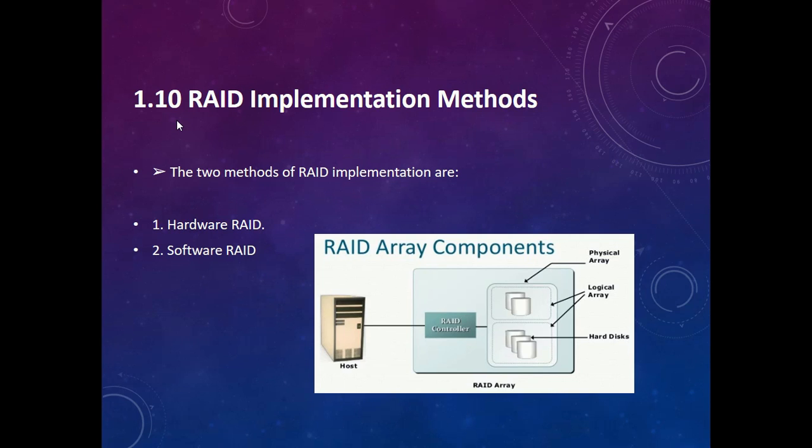Those are the two possibilities in the case of hardware RAID. The other one is software RAID. Software RAID uses host-based software to provide RAID functionalities, which means the software that provides the RAID functionalities is on the host. Those are the two methods of RAID implementation.